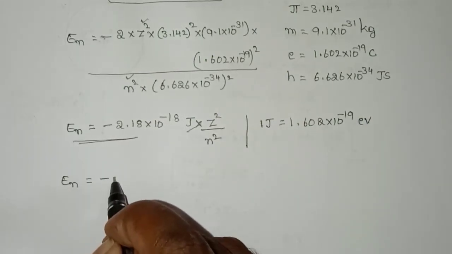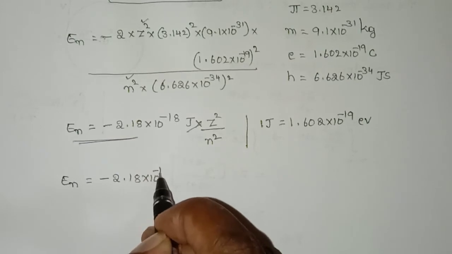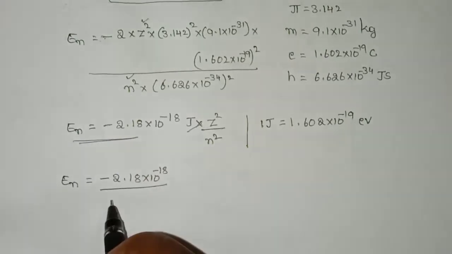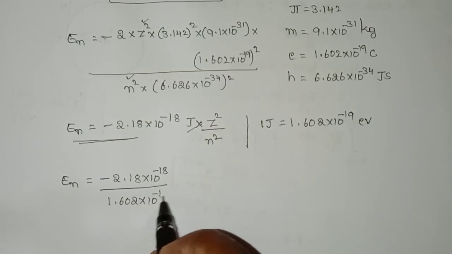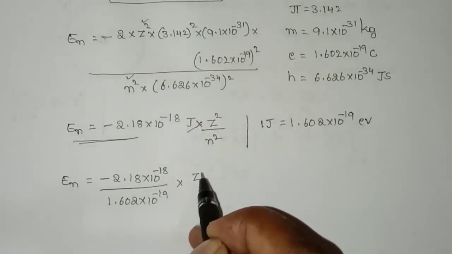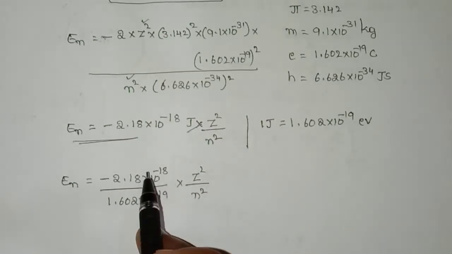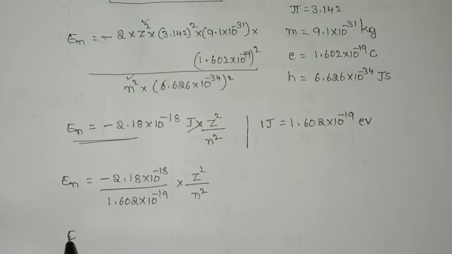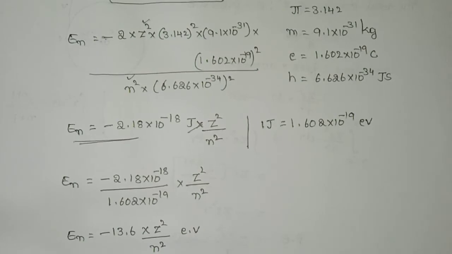En is minus 2.18 × 10⁻¹⁸ whole divided by 1.602 × 10⁻¹⁹ into Z²/n². If you do the calculation, at last it comes to be minus 13.6 Z²/n², which will be in terms of electron volt.